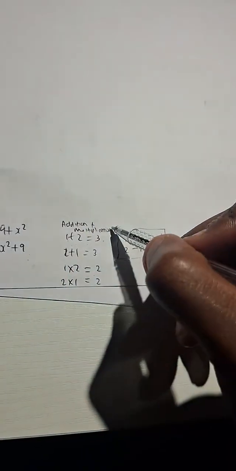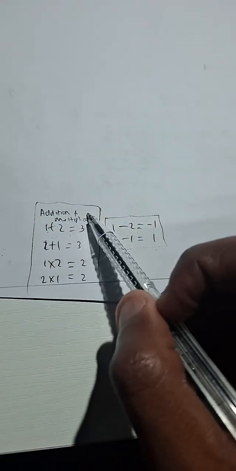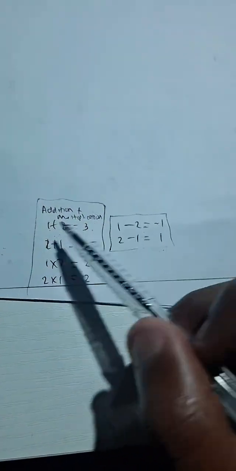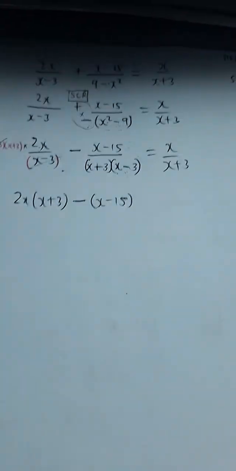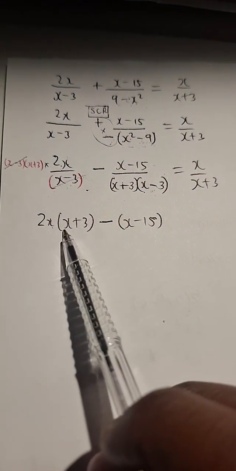The order doesn't matter with addition and multiplication, because you get the same answer. I hope you understand. Okay, so 2x into x plus 3 is fine.